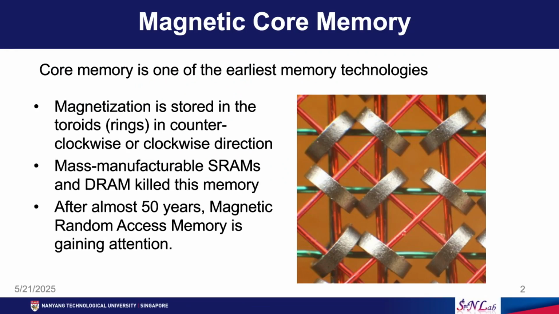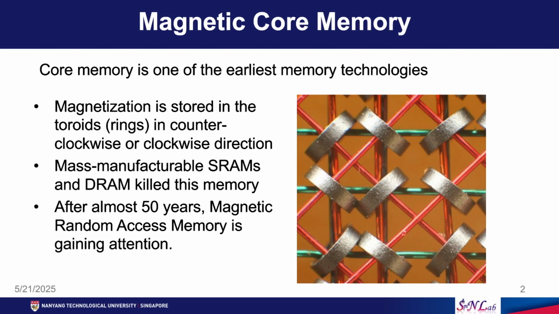It is called magnetic core memory. These are tiny pieces of magnets. The information is stored here and you can see copper wires going through. These are like toroids, like a circle with a hole, a kind of ring, and you send wires through. You use these wires to write and read information.